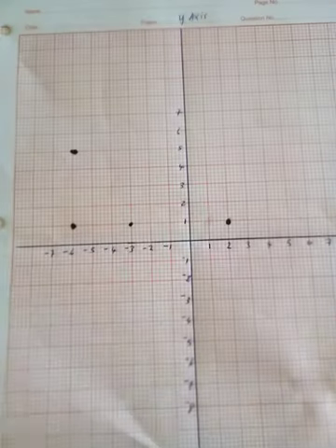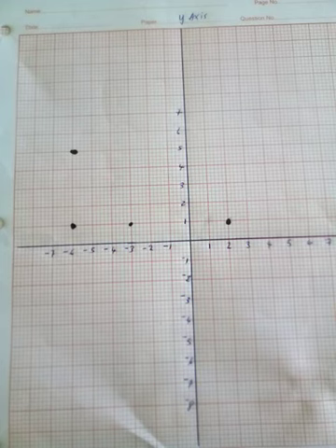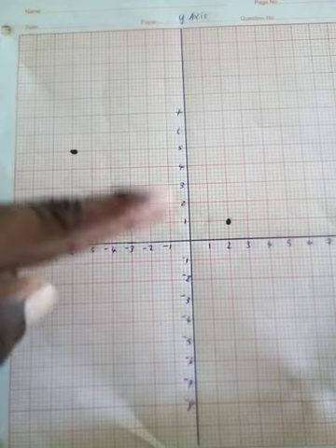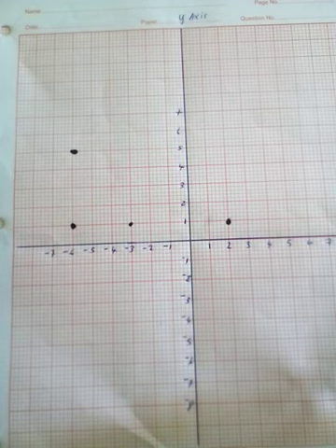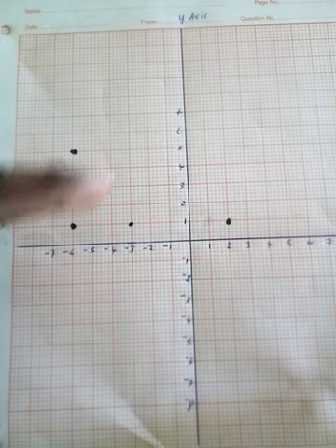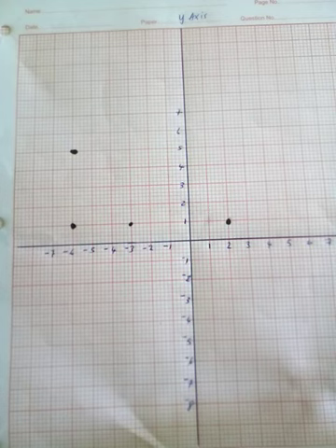For instance, these 3 points to the left of the second quadrant, if I join them, will create a right angle triangle. In some earlier class, I told you that graphs are not only straight lines or curved lines, but shapes can be formed on the Cartesian plane. We can call them graphs also.